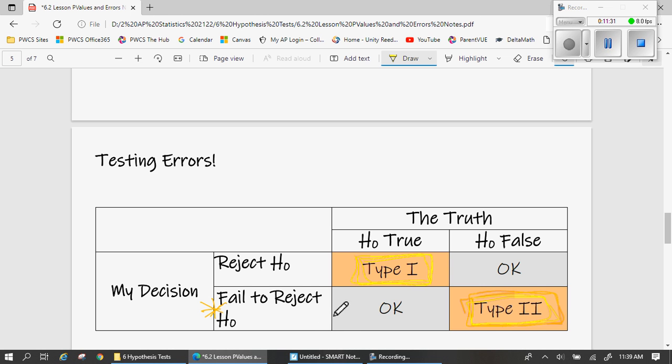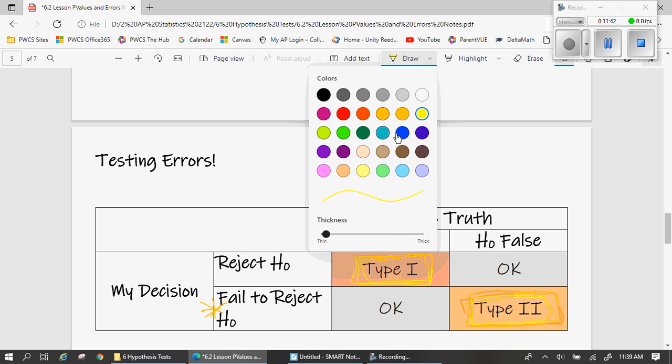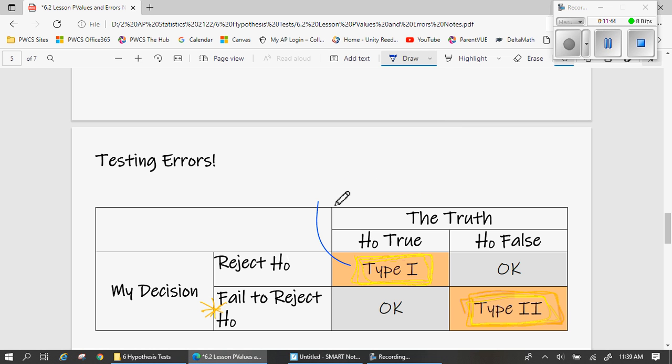And this might be one of those things that is challenging to memorize, so maybe you want to use some sort of flashcard or something. So a type 1 error, that's an example of sending an innocent person to prison. We rejected their innocence, said they were guilty, even though they were innocent.